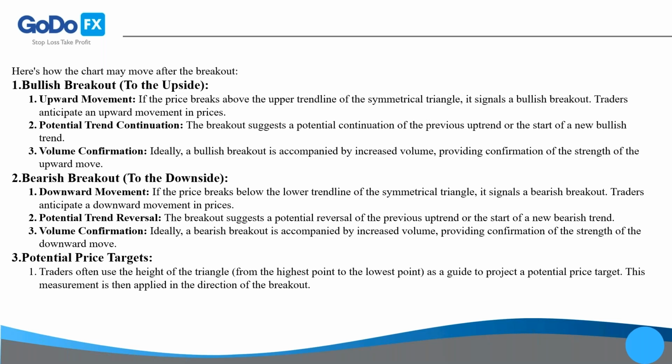So the breakout suggests a potential reversal of the previous uptrend or the start of a new bearish trend. And ideally, a bearish breakout is accompanied by an increase in volume. So in both cases, we're gonna have an increase in volume, which is gonna be confirming our pattern and providing a confirmation of the strength of the downward move.